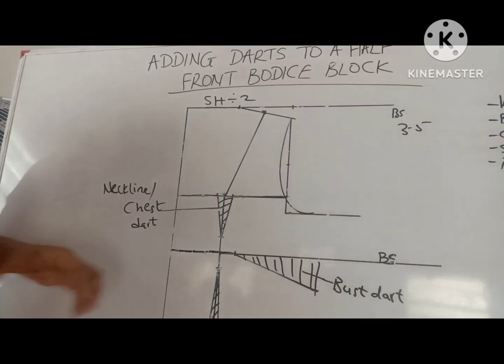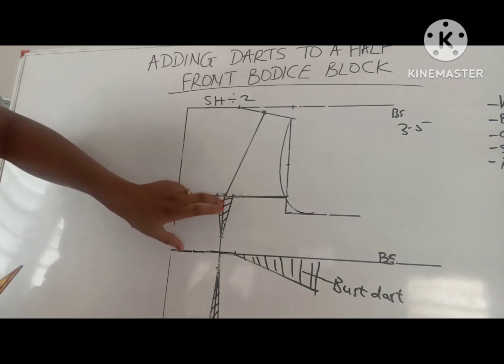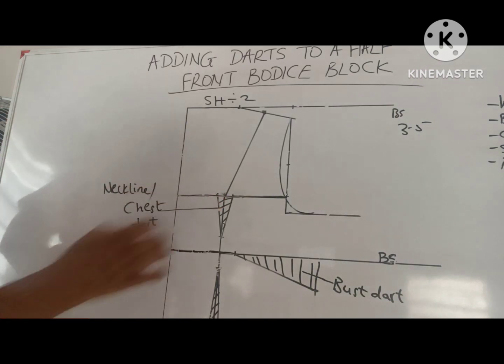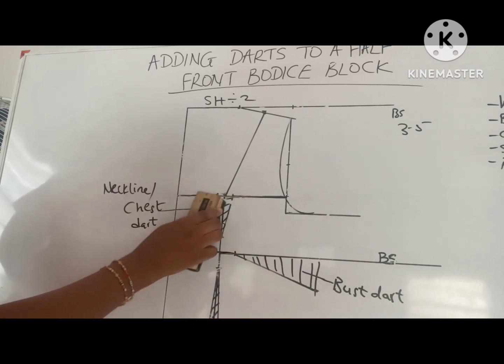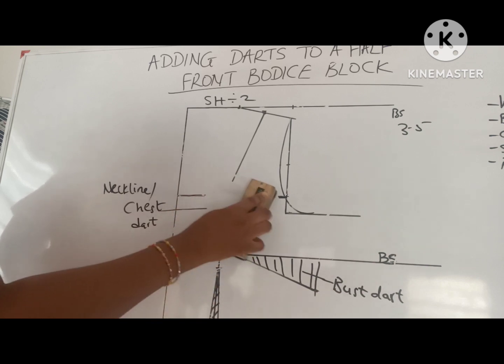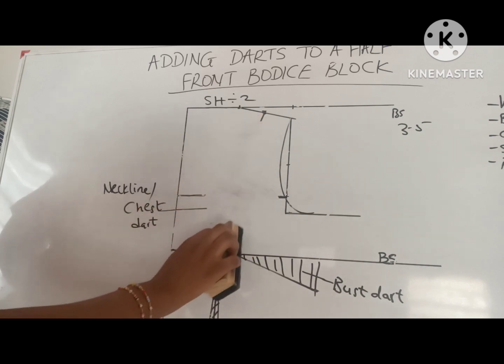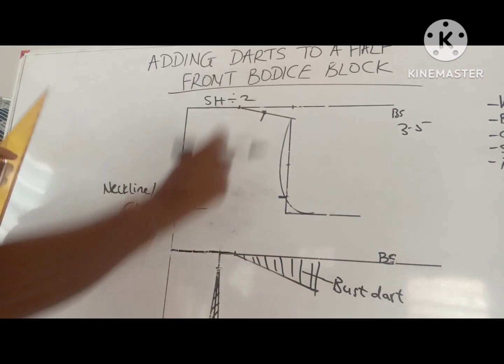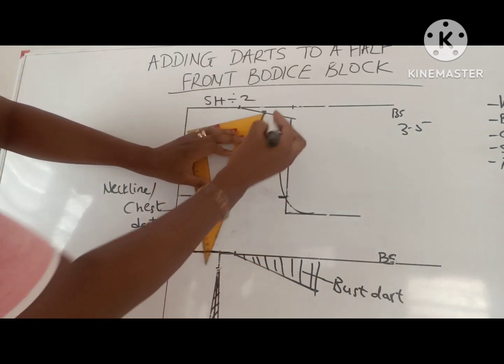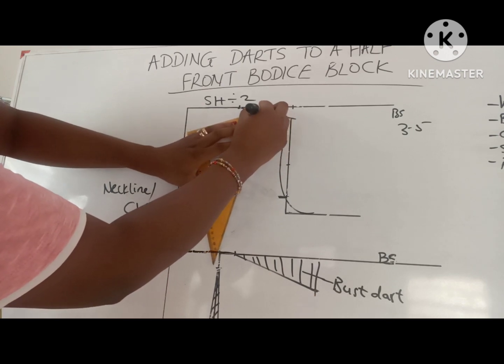If, for example, this one was not here, assuming this was not here, then you can connect straight to this bust area like this.